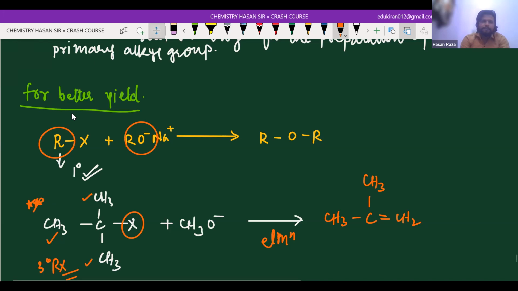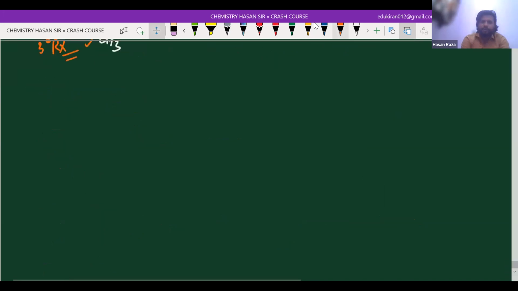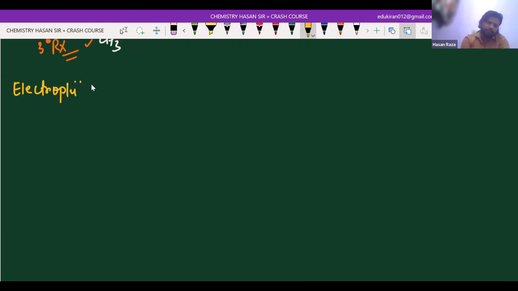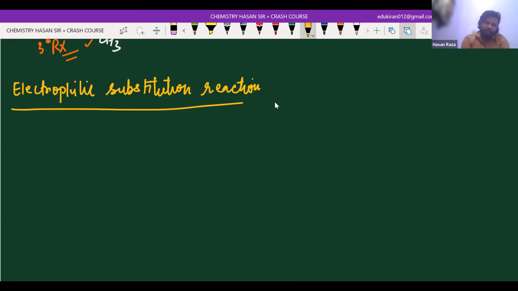Now the next is electrophilic substitution reaction. And this electrophilic substitution reaction is for ether. Can anyone tell me? I think you can do this reaction.